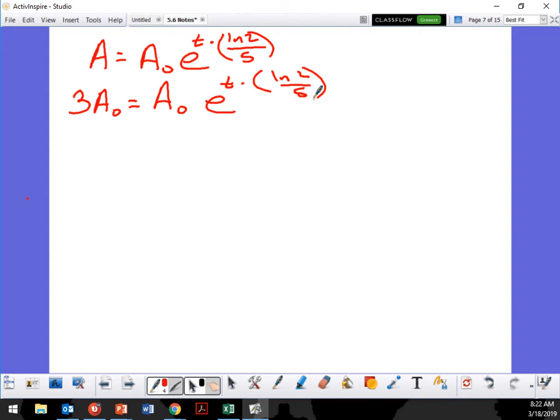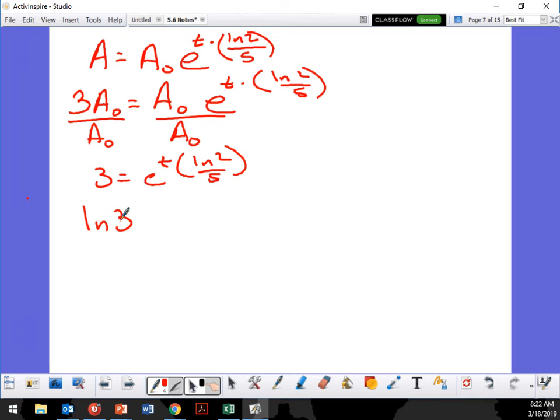Okay, so let's divide by A sub naught. So 3 is equal to e to the t ln 2 over 5. Then I ln both sides, because if you notice, the e's now gone.